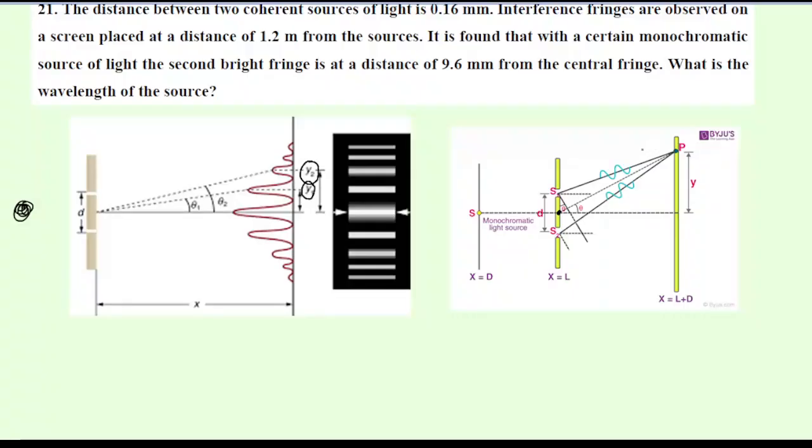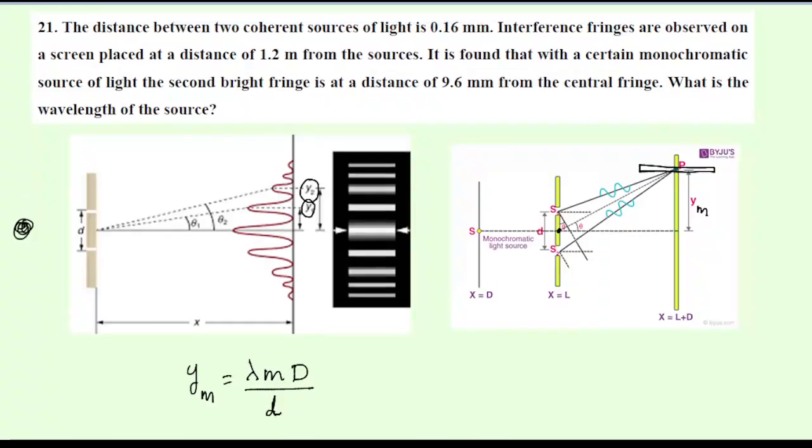Let's say the mth bright fringe is at this point P. Then the distance is named as ym. The formula for that is ym equals m lambda capital D divided by small d, where ym is the distance of the mth bright fringe, lambda is the wavelength of the light used, m is the order, capital D is the distance between the source and the screen, and small d is the slit width. That is, the distance between the two slits.